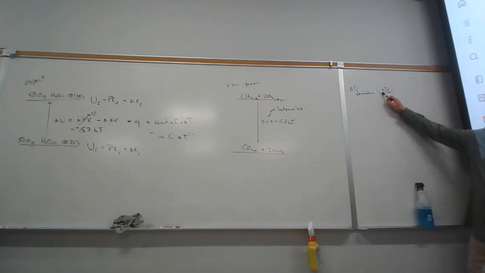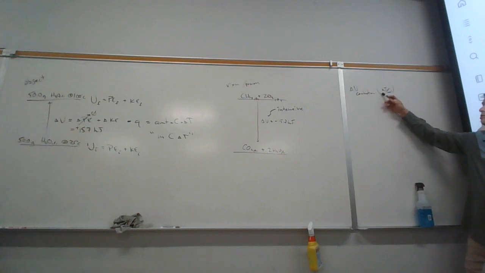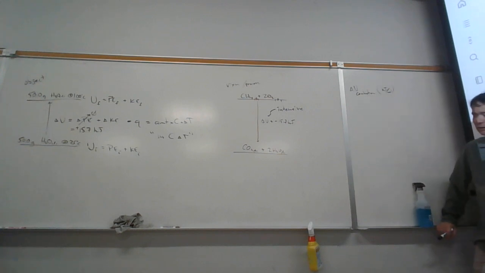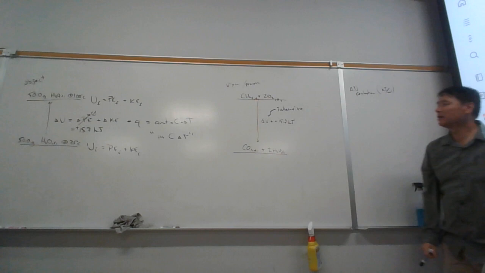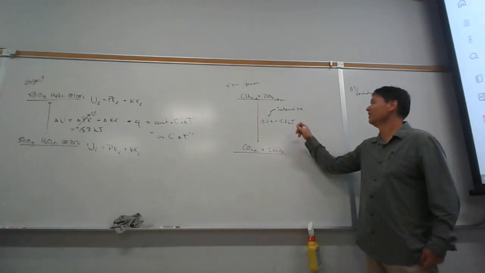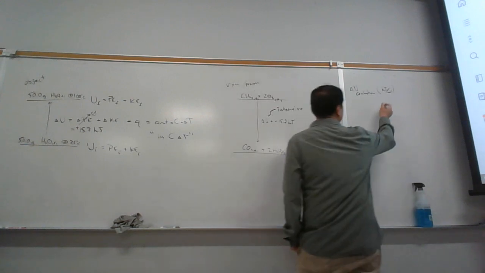So let's say this were 1,000 kilojoules per mole. If I had 2 moles, does that change the kilojoule to mole ratio? No, I mean, it'd still be 1,000. Even if I had 2 moles, it'd be 2,000, but the kilojoule to mole ratio would be the same. That's intensive. And so intensive is kilojoules per mole. This is intensive.